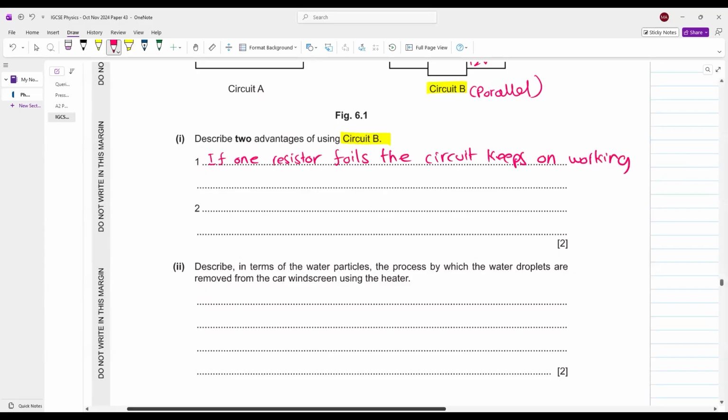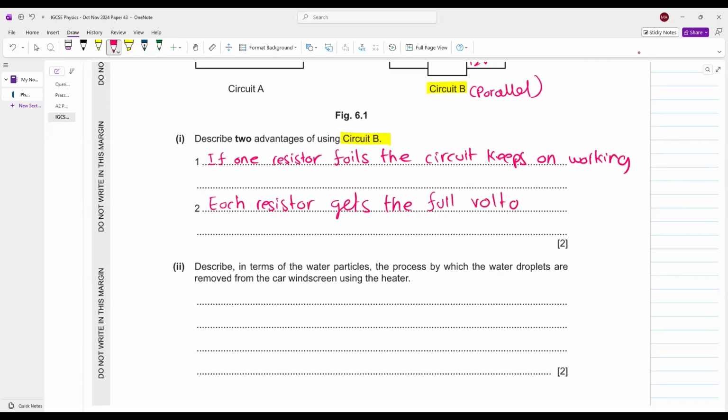The second advantage of circuit B will be that each resistor gets the full voltage of 12 volts. Simple.